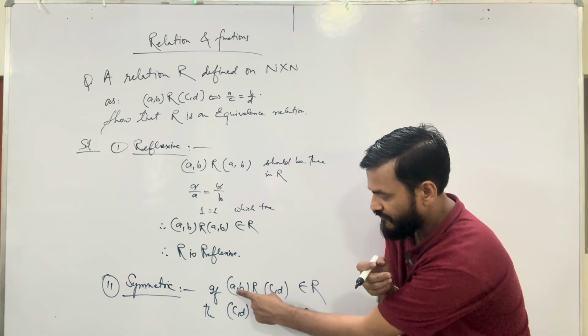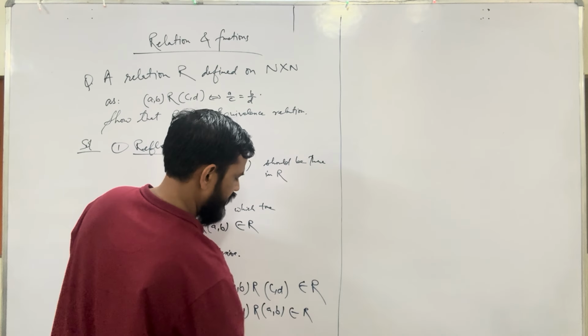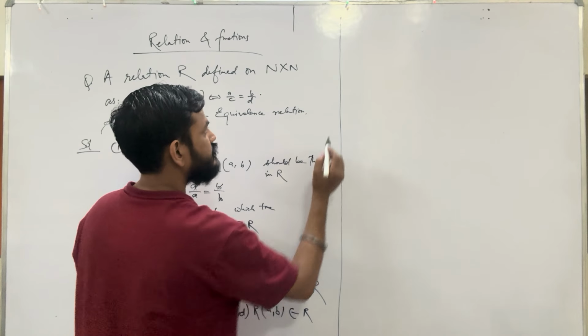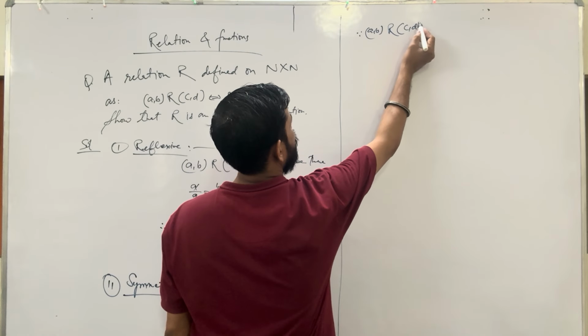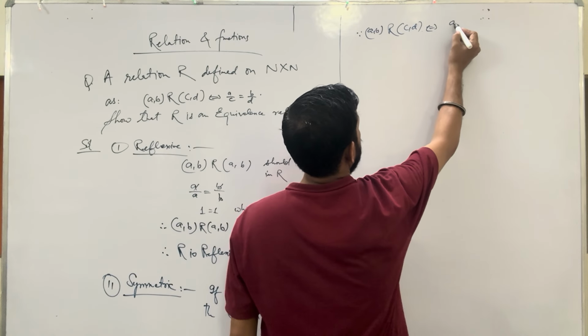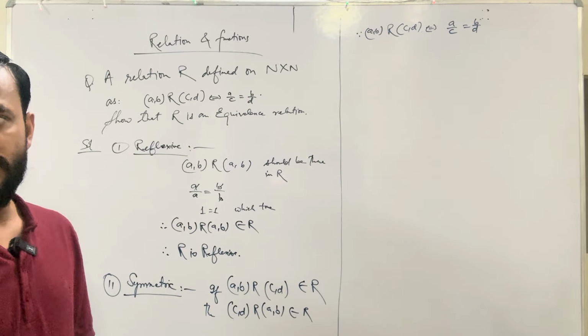Now we'll check: if (a, b) is related to (c, d), then what do we get? Since (a, b) R (c, d) belongs to R, this implies that a/c must equal b/d, right?